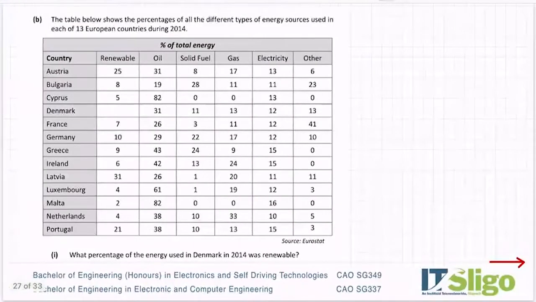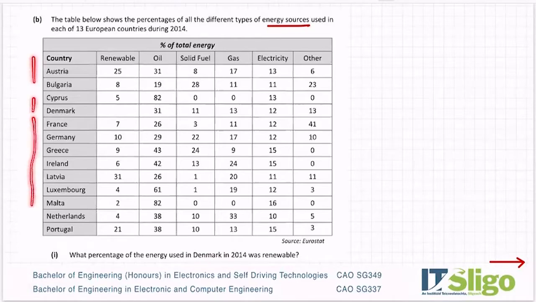Part B. The table below shows the percentages of all of the different types of energy sources used in each of 13 European countries during 2014. What percentage of the energy used in Denmark in 2014 was renewable? Where's Denmark?